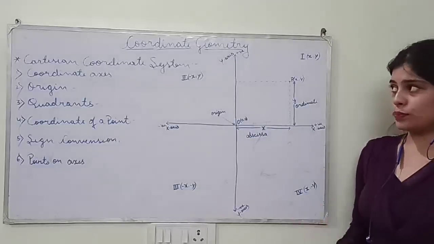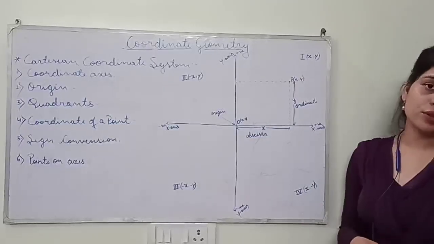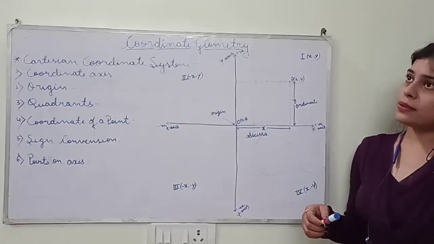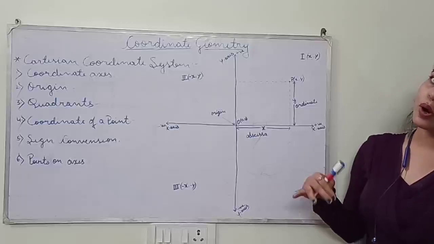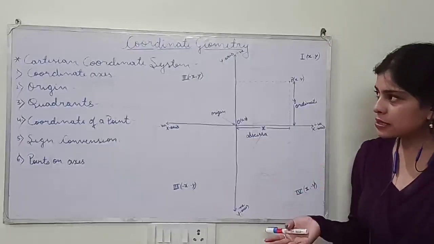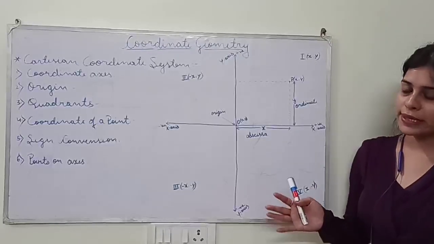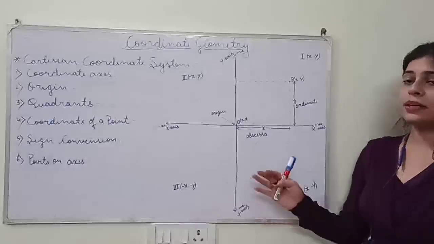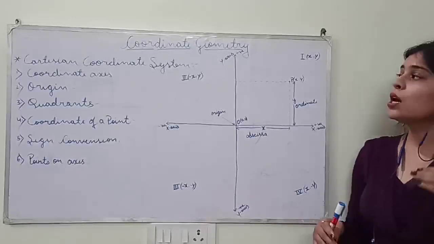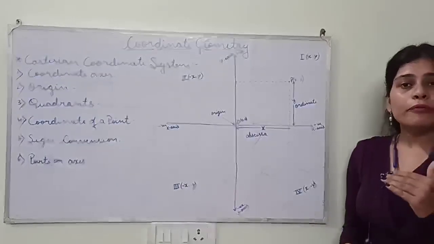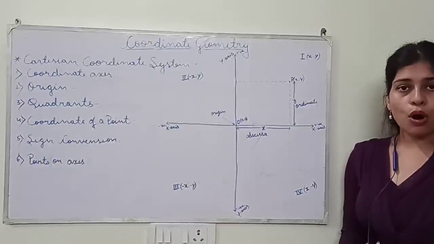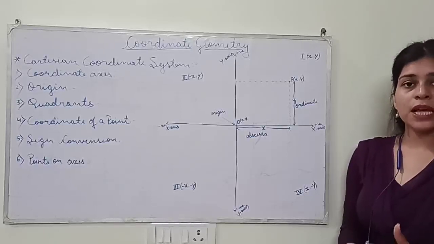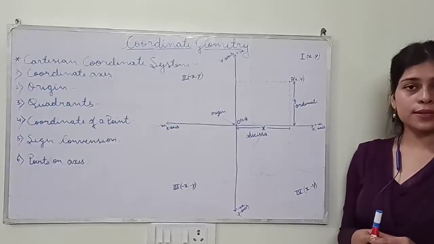Now see, the definition of coordinate geometry. In standard 9th we have studied what coordinate geometry is, how to plot points, what the Cartesian system is, what coordinate axes and origin are, and so on. Now in 10th standard we will study how to find the solution of geometrical problems using the coordinate system.